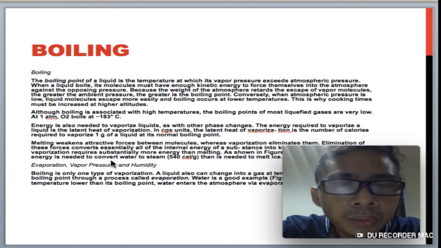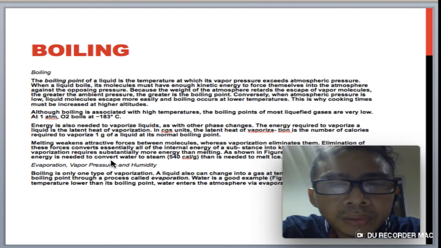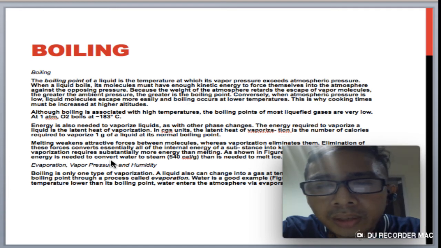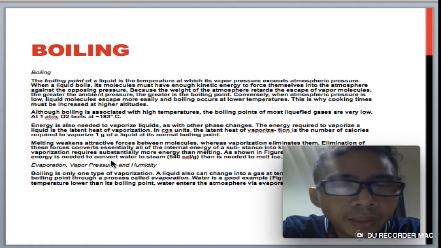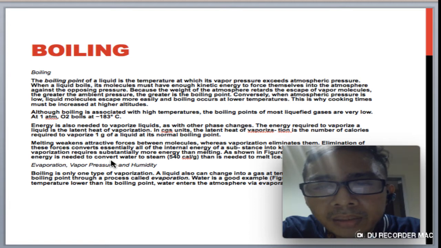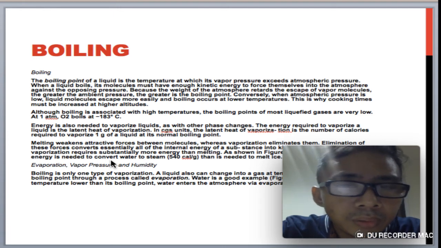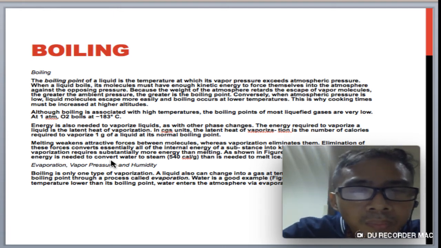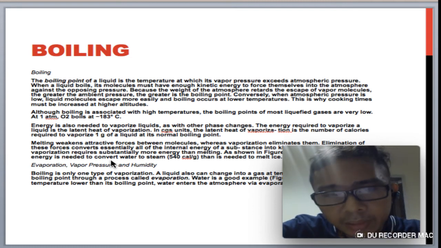So when a liquid boils, the molecules must have enough kinetic energy to force themselves into the atmosphere, against the opposing pressure, because the weight of the atmosphere retards the escape of the vapor molecules. So that is the definition of boiling.